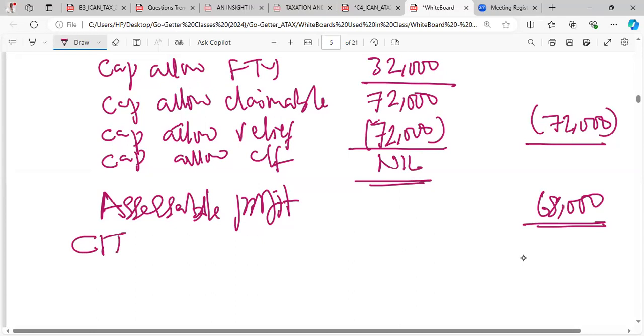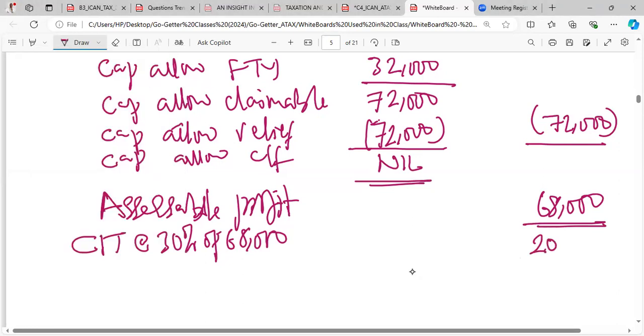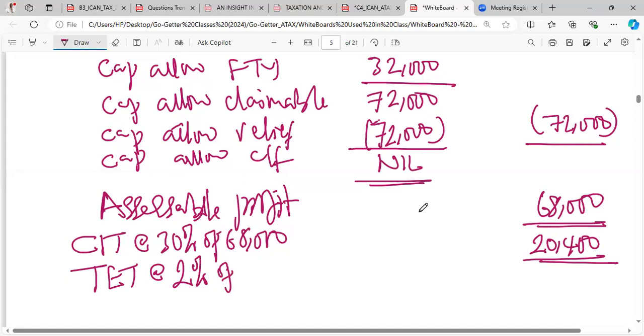Company income tax at 30% of 68,000, so this is times 0.3. That gives me 20,400.